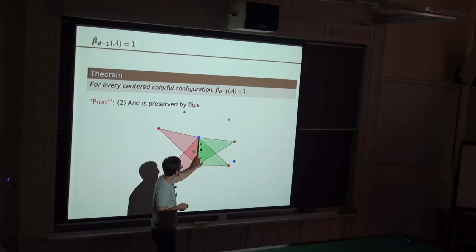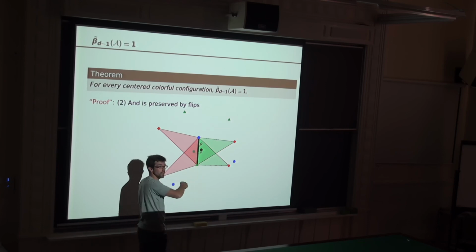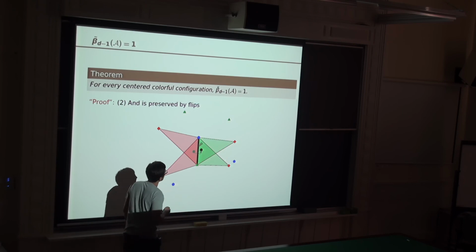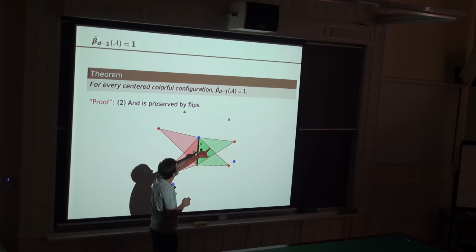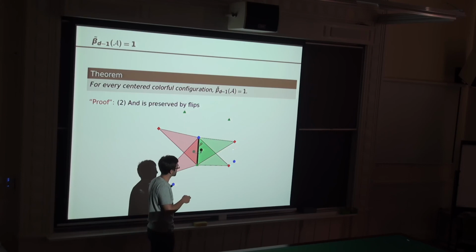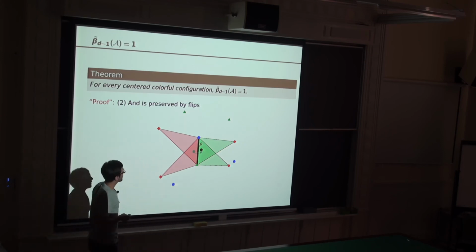And this is where. The fact that it's centered tells me that if I take a hyperplane along this ridge, each color class will have at least one point on that side, right? So I know that on this side there's at least one green and one blue. And now to prove that these two cycles are equivalent, I assume that there are at least two red too.